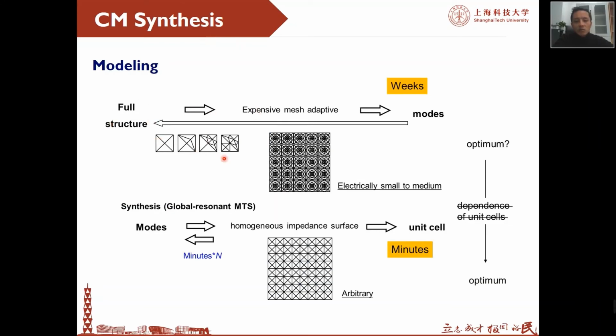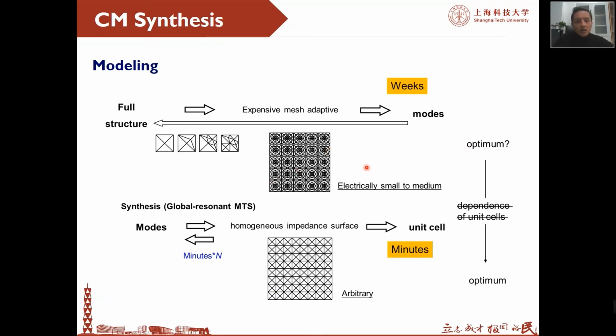Previously, we had a full structure, then we guessed and optimized until we got the modes at the specific frequencies. And we are thinking about how to get the optimum. But the first question is, is there really an optimum structure for a certain design?